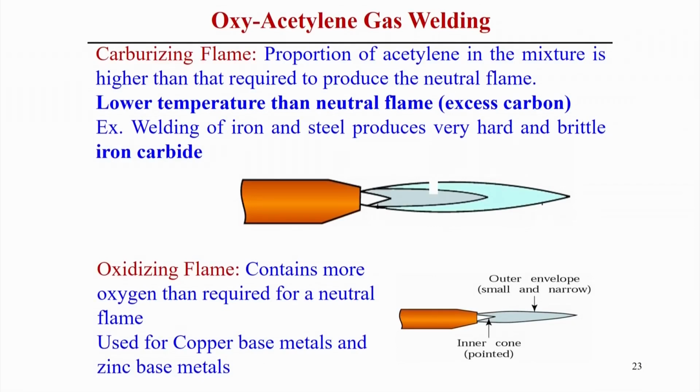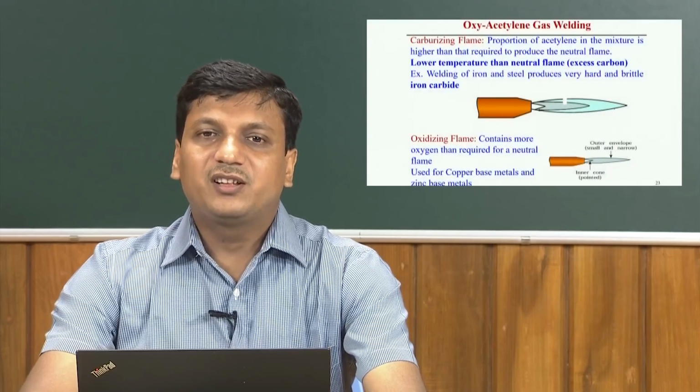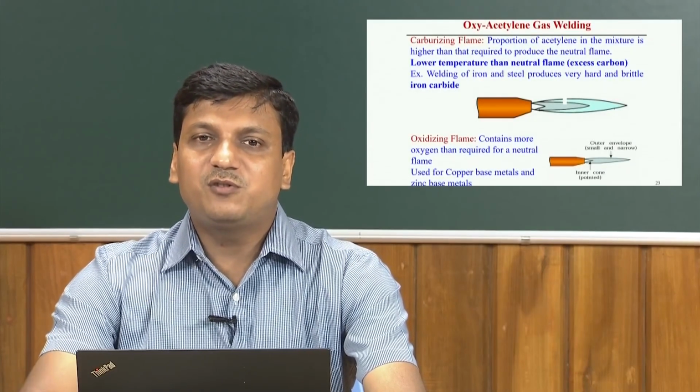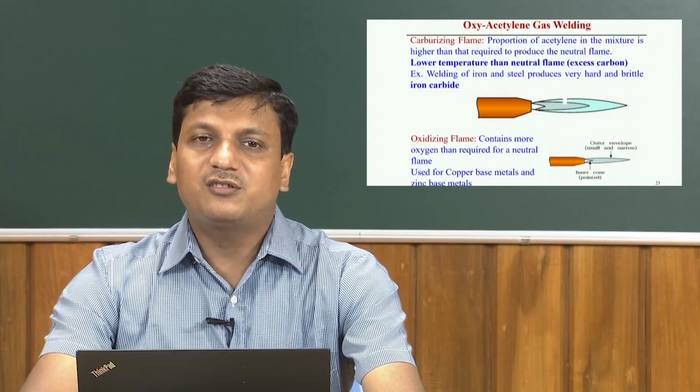Second one is the carburizing flame. In this case the proportion of acetylene in the mixture is higher than that required with reference to the neutral flame. That means the acetylene part is more and the oxygen part is less.